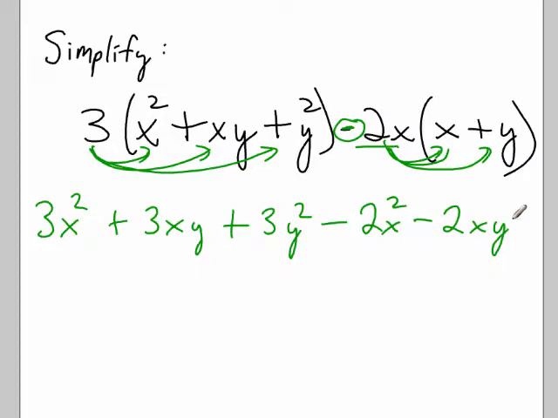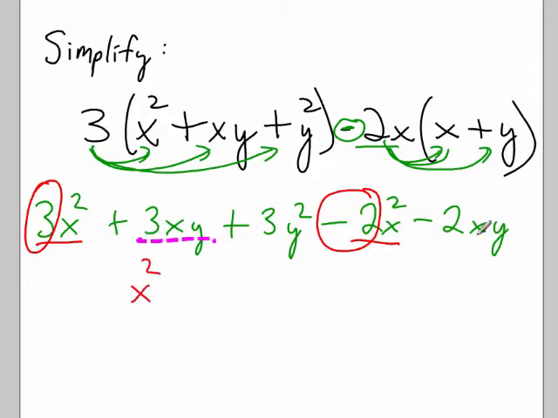Alright, so I've completed my multiplication. I now have to combine like terms if there are any, and x squareds have the same variable and exponent, so they're like terms. So if I take their coefficients, 3 minus 2, that would be 1x squared. 3xy and negative 2xy are like terms because they have the same variables and the same exponents on those variables.